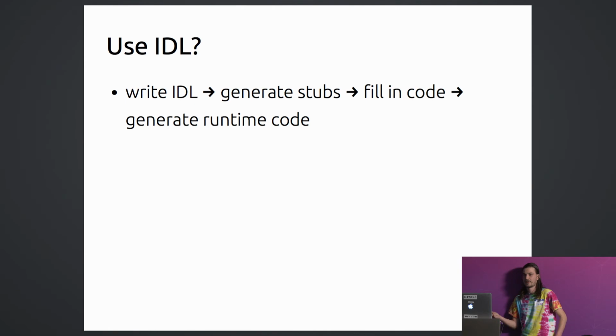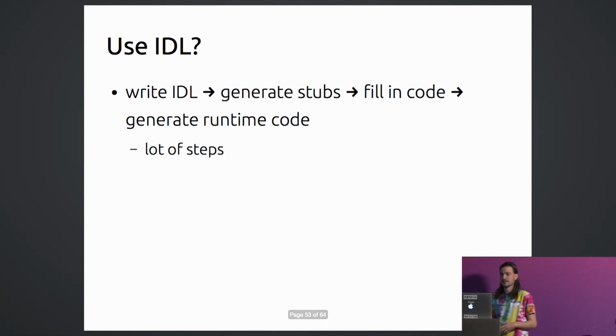And then they would run some other build step that generates the super optimized runtime definitions, like the one that I just showed you. So this is one possibility that would be fully type safe. But it seems like a lot of steps, and people never like having to do a lot of steps as part of their development, potentially hundreds of times during the day.